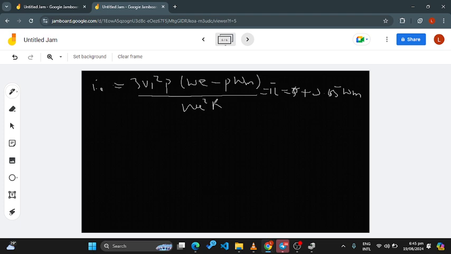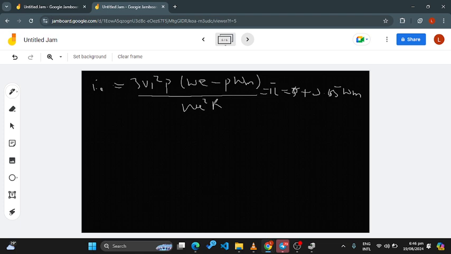So now our V1 is no more 240. It's going to be 380 divided by root 3, because our line to line voltage has changed. What's the phase equivalent? 380 divided by root 3 is 219.